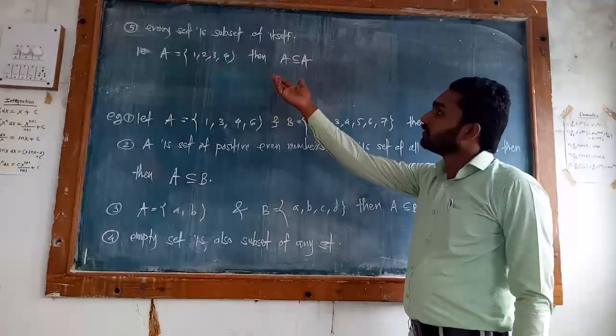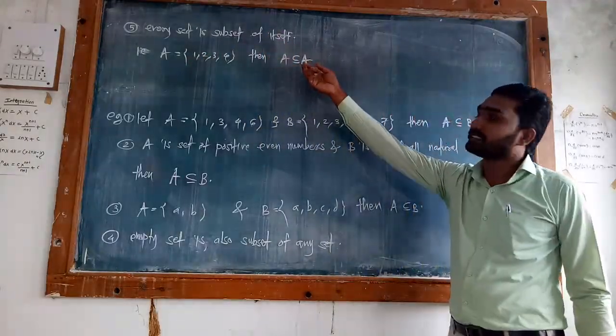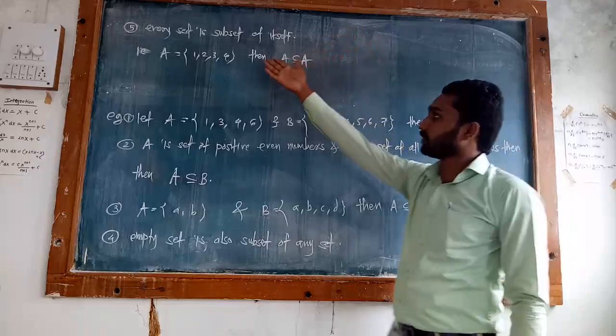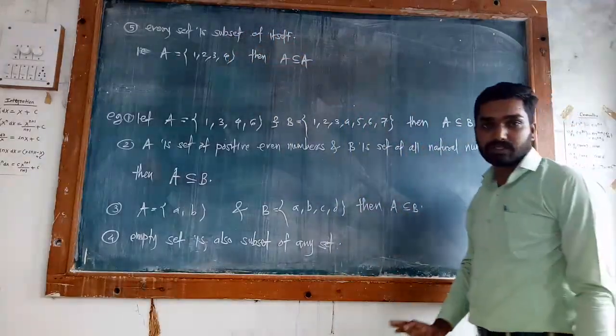Yes, because 1, 2, 3, 4 are also elements of that set itself. Therefore, every set is a subset of itself. So all these examples are understood.